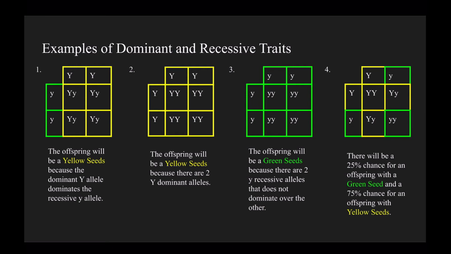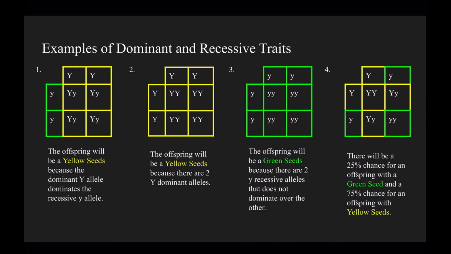In example 2, both parents are dominant YY homozygous genotypes. So their only outcome is yellow seeds because there are two dominant Y alleles as the outcome for all of them. In example 3, both parents are recessive yy homozygous genotypes.